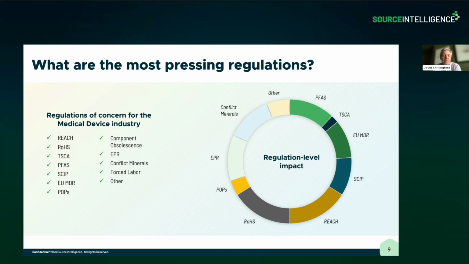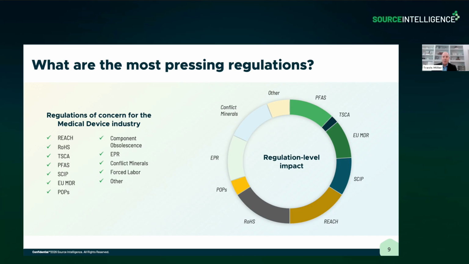And the role of compliance in ensuring that what you design and what you make and what you ship is compliant is becoming more and more important. But it's also, I think, as this slide shows, becoming more and more complex, and that complexity shifts and changes every day. So this is something that companies ignore at their peril.